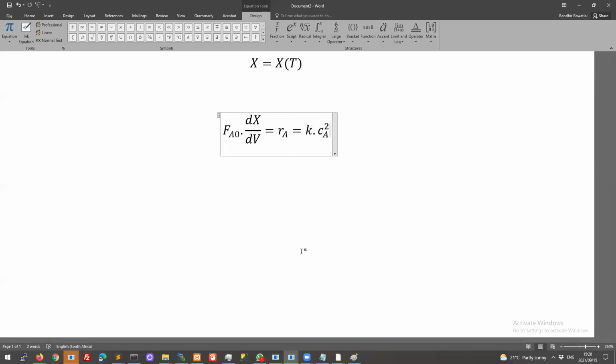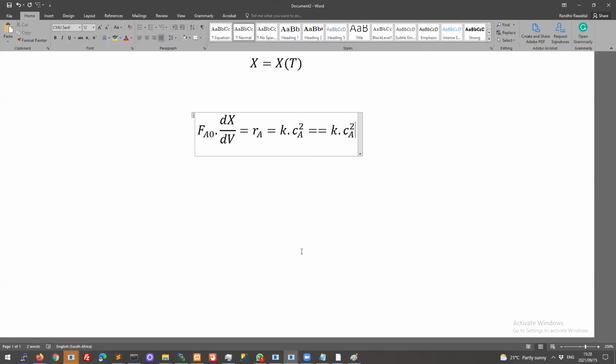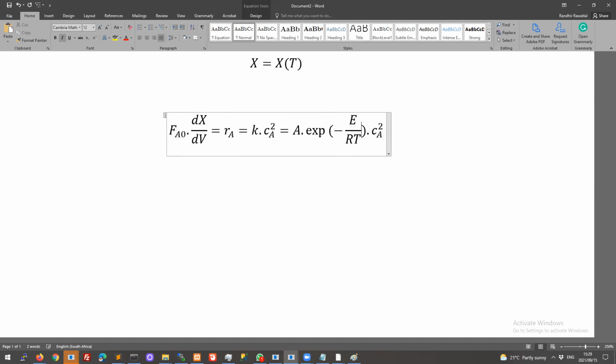So if we expand on this, we should be writing then that k as a pre-exponential factor times exponential of minus E over RT, just assuming a simple Arrhenius expression expansion for k.